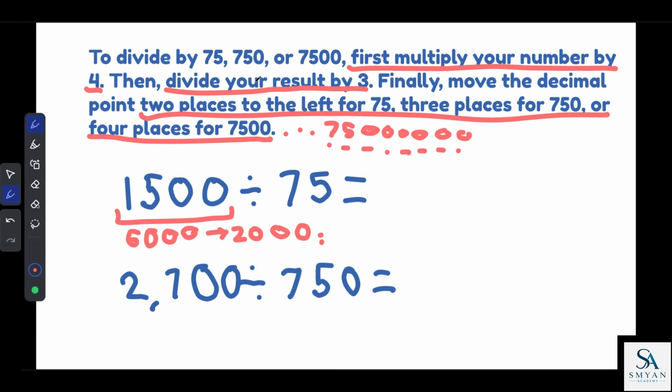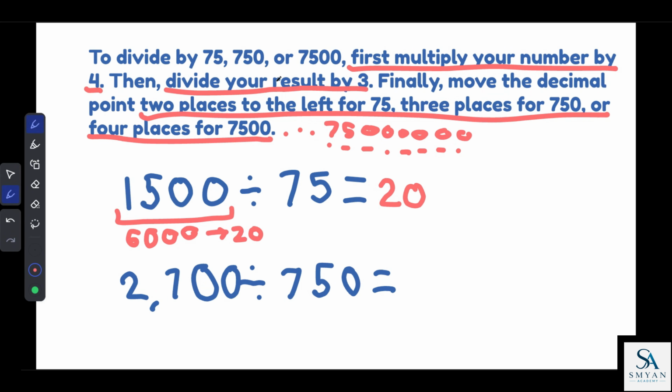We know our decimal point's there, so 1, 2, drop it. After you drop the decimal point, you erase the extra zeros, and your answer should be 20. Done. It's that simple. All I have to do is multiply by 4, divide by 3, and shift the decimal point the number of digits in 75, 750, or 7,500.